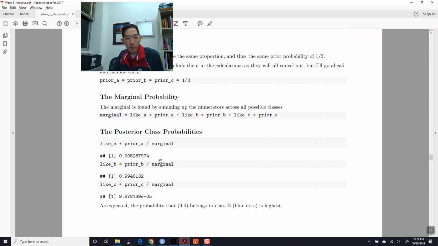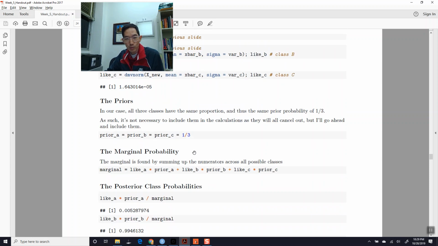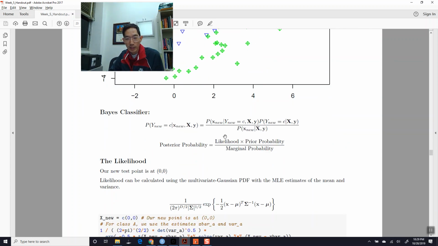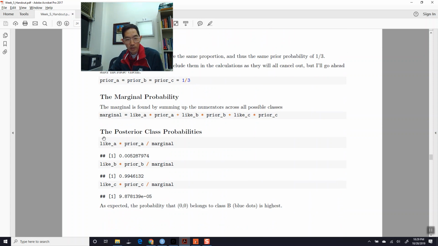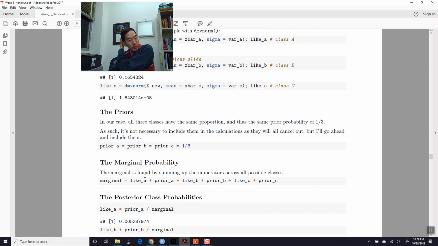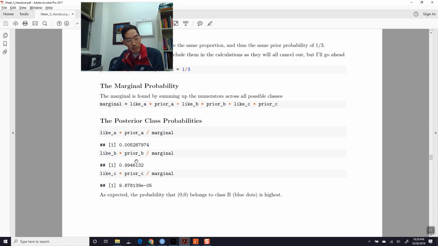And so as far as the posterior class probabilities go, following Bayes' rule, we do the likelihood times the prior divided by the marginal. The likelihood of A times the prior A divided by the marginal. And what we get is that it belongs to class B with probability 0.994.